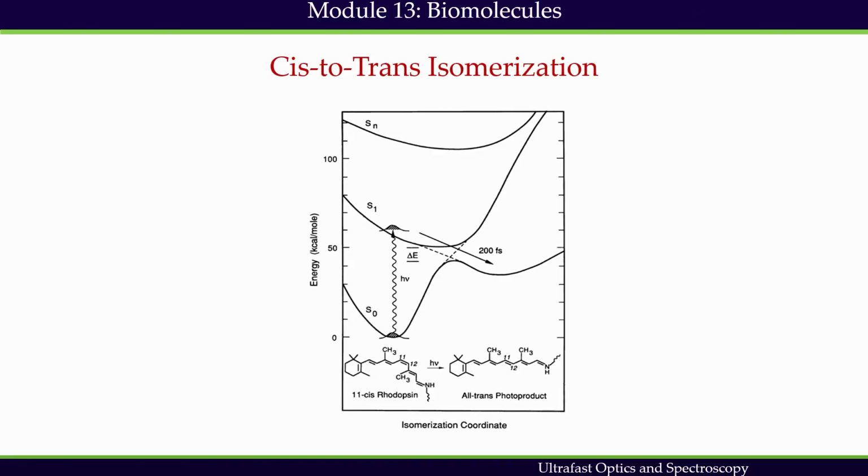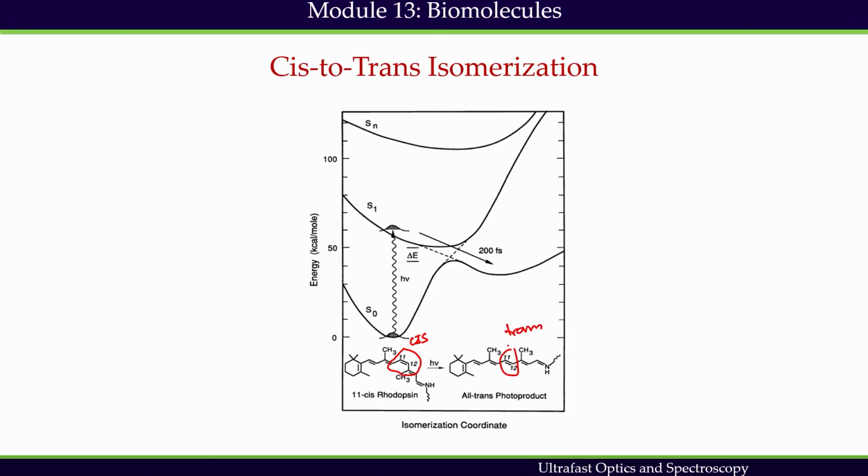After optical excitation, this 11-cis retinal prosthetic group of rhodopsin, if you look at the structure of rhodopsin, we see that this moiety is different. This is the cis moiety. And what is the difference in the photoproduct? The photoproduct is the trans moiety.